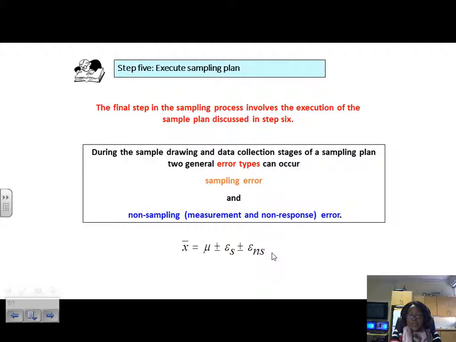This study has been prepared in lieu of the fact that the marketing research project will be quantitative based. So during the sample drawing process, a lot of issues need to be considered. For instance, you need to look at the data collection stages, plus the different types of possible errors that could be encountered during the sampling process.